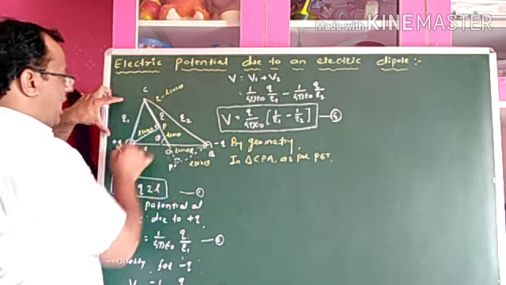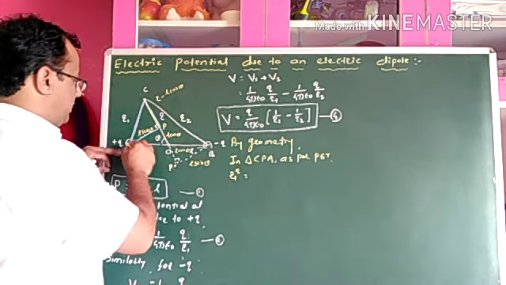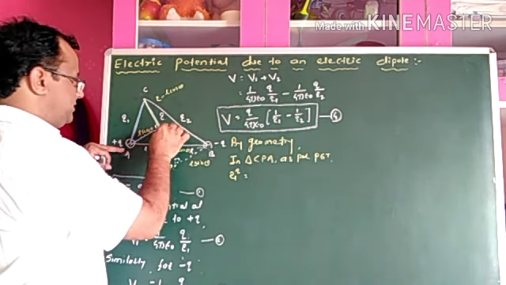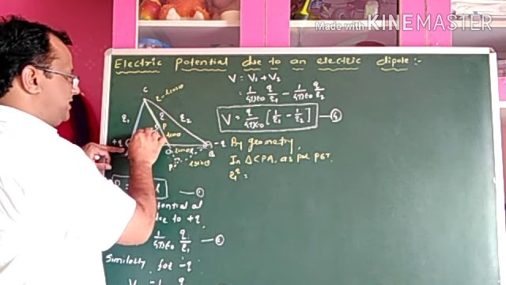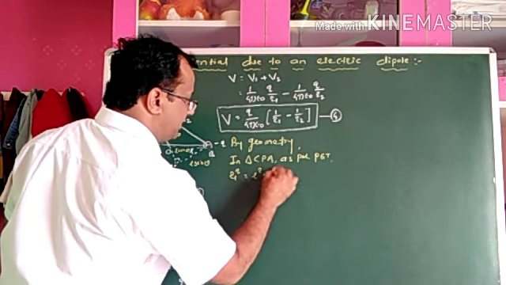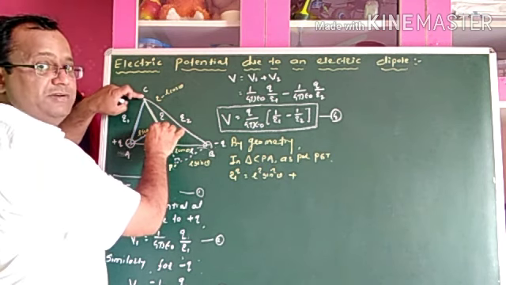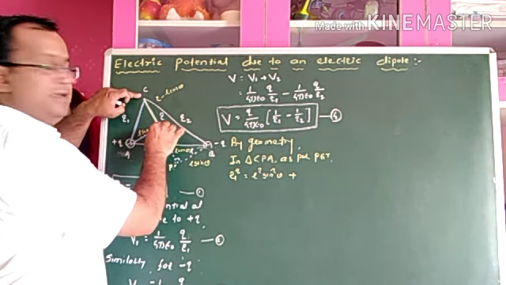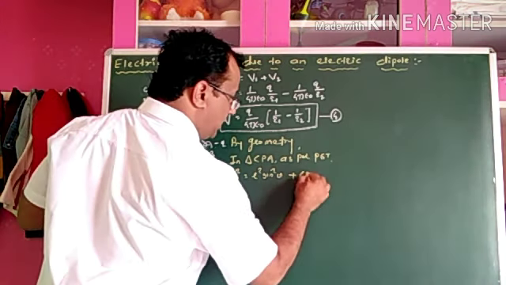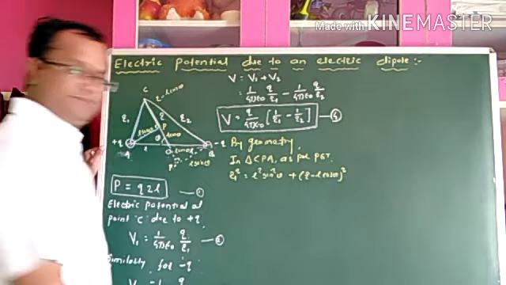What we get there? R1 square is equal to, here this side, that is AP square, but the value of AP is L sin theta. So L square sin square theta plus this side square, that is PC square. But the value of PC is R minus L cos theta. So R minus L cos theta bracket square.